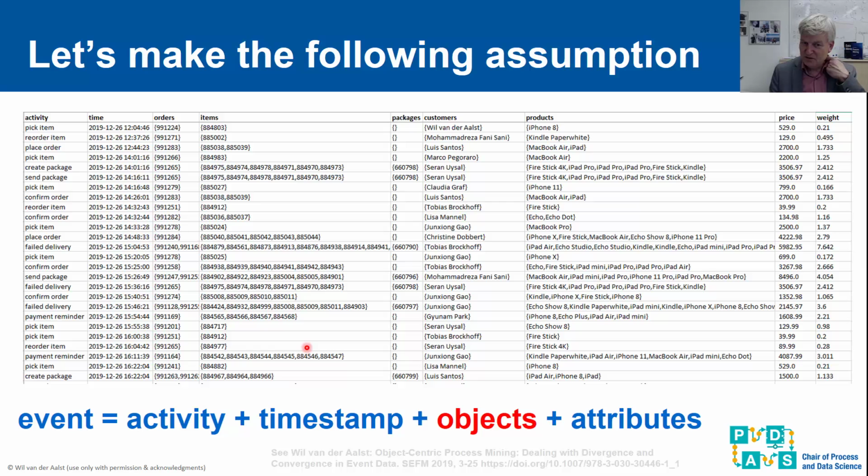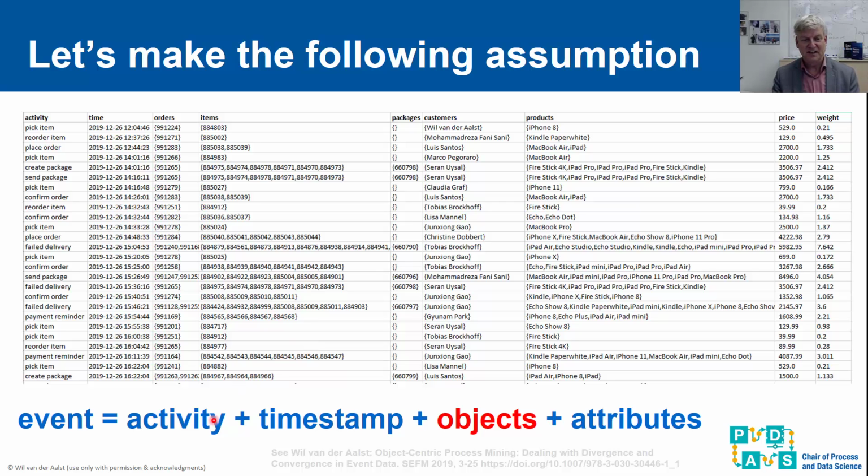So let's now, because this is reality, this is the complexity that we deal with, assume that rather than having a traditional event log, like for example the XES format or a simple CSV file, we make it one step more realistic, and we assume that instead of a case ID, we can have any number of objects related to an event.